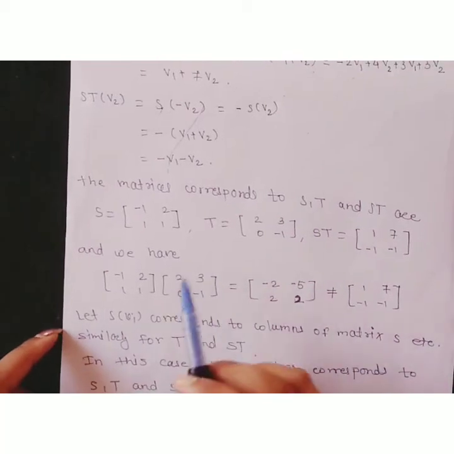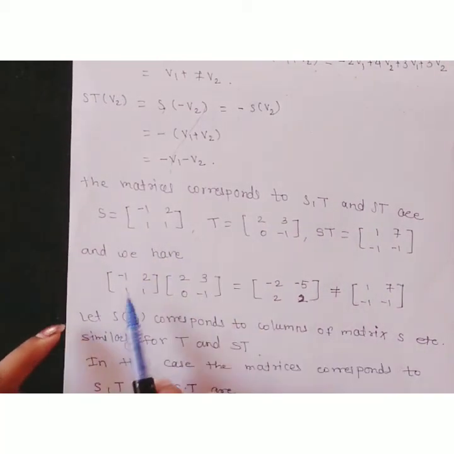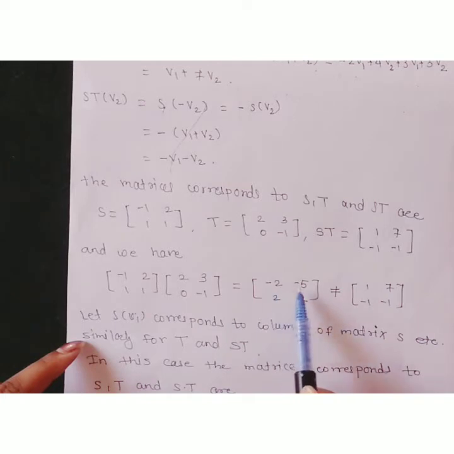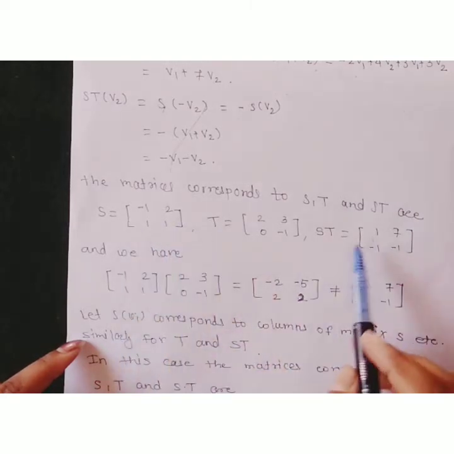If we multiply S with T, where the S matrix is [-1 2; 1 1] and the T matrix is [2 3; 0 -1], the resultant matrix is [-2 -5; 2 2], which is not equal to the ST matrix.